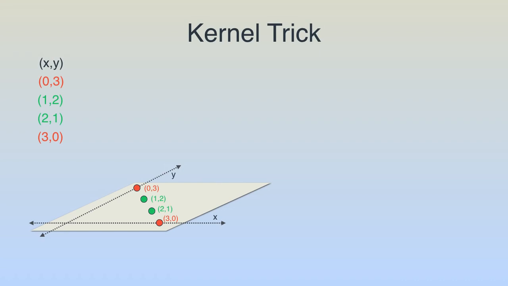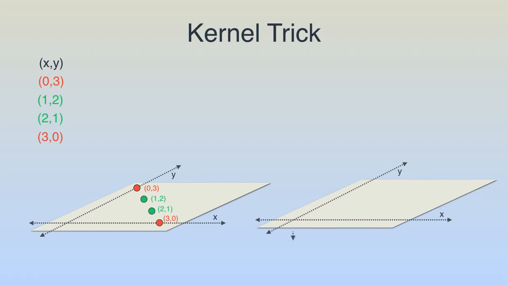Now we can also see it in 3D here. We have the points 0, 3, 1, 2, 2, 1, and 3, 0. And we're going to consider them in 3-space. So we're going to take the map that takes the point x comma y to x comma y comma x times y.